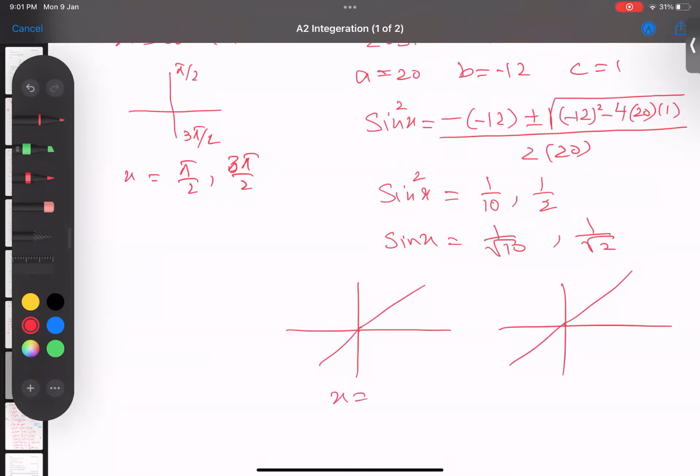So x is equal to sine inverse 1 over root 10, one option, and second, I'm getting 1 over root 2. So this is the option. Just let me recheck. A is 20, B is negative 12, C is 1. Correct. And I'm getting two answers. Correct.